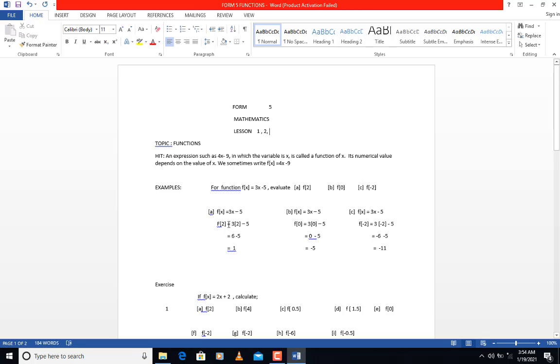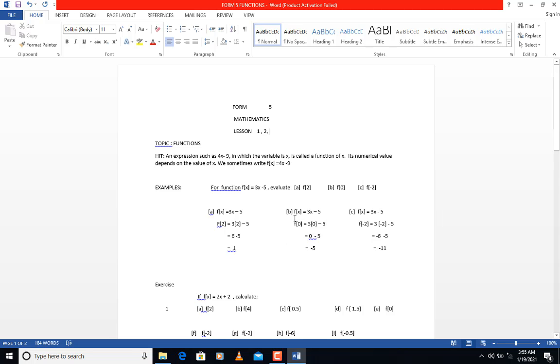Don't quickly substitute by saying 3 times 2 and get the answer. I encourage you to introduce the bracketing system. 3 times, outside the brackets, then you substitute, then minus 5. From here, 3 times 2 gives us 6, 6 minus 5 is equal to minus 1.